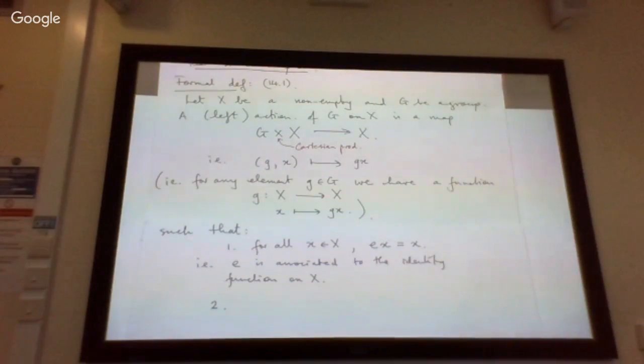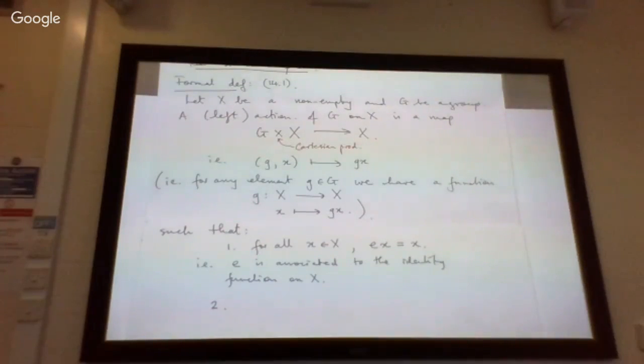So in other words, we're saying that this function G1 G2, talking about the function as a thing in itself, this function on X to X is equal to the function G1 after G2.